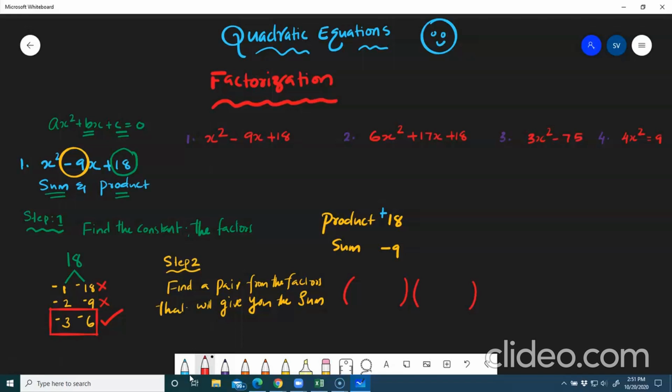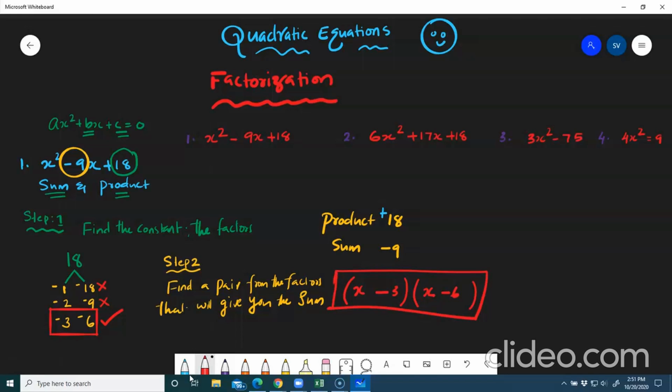It is x, so write x here and check the sign of the given pair. Both are negative, so put that negative sign here and write the numbers 3 and 6. This is the first method of factorization, known as sum and product.